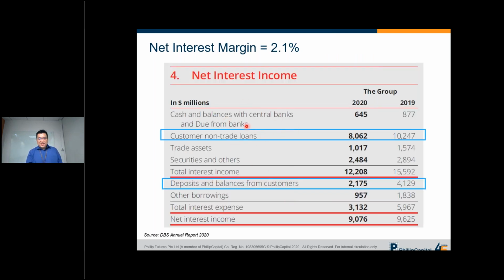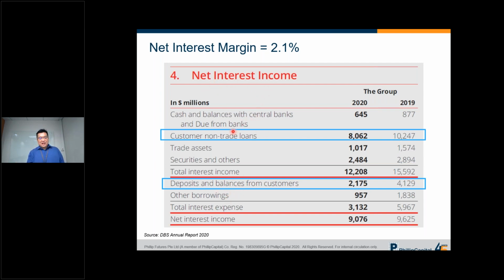Typically when you look at the annual reports of the banks, or if you have access to some Yahoo Finance source, when you search for their financial statements, you may also see information that tells you what income the banks are receiving and what expenses they are paying out.